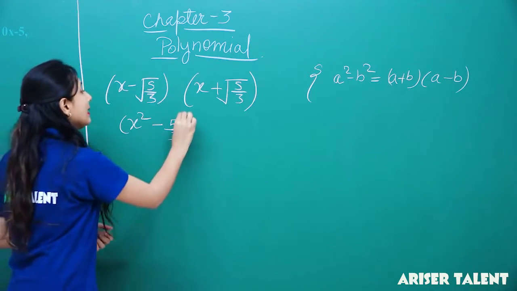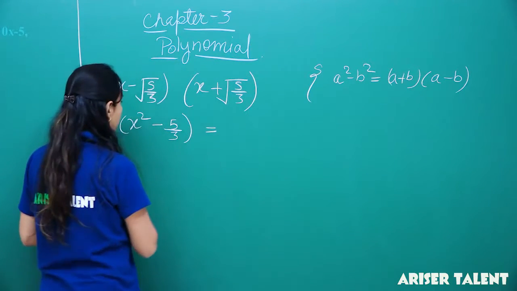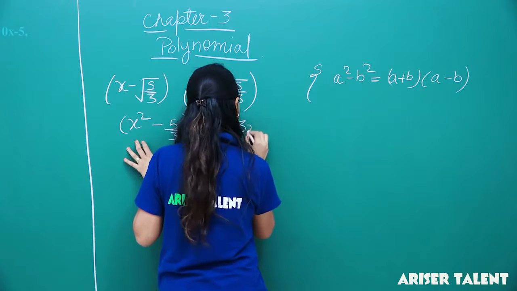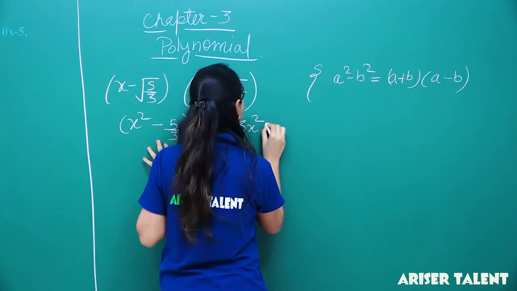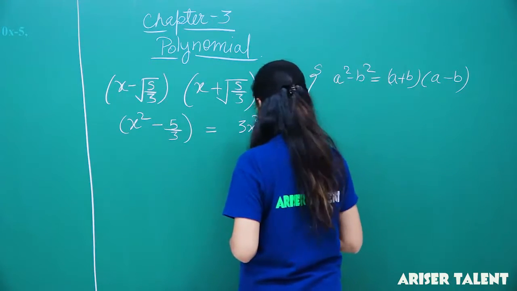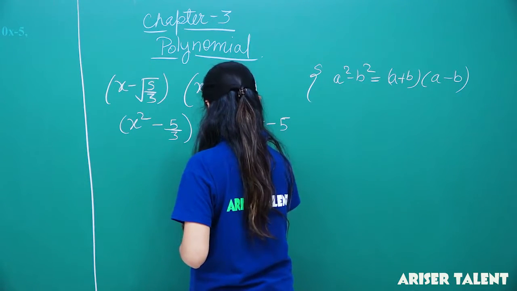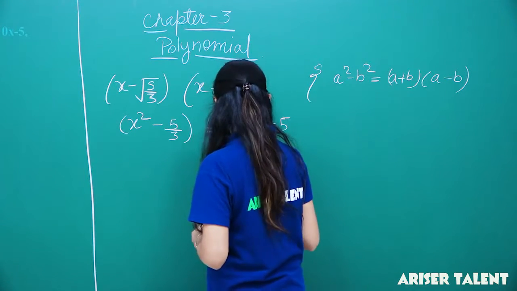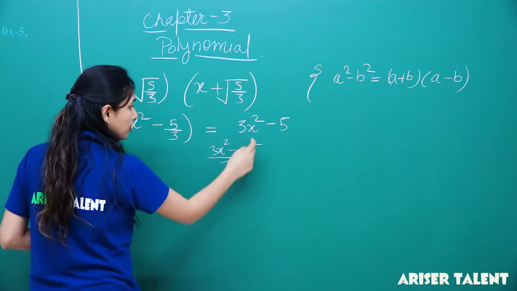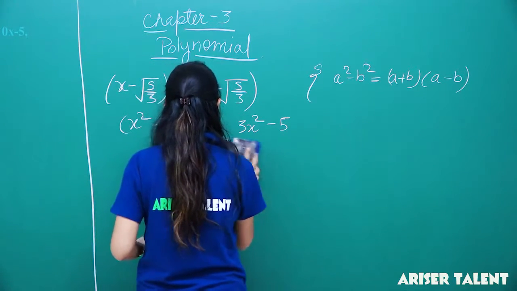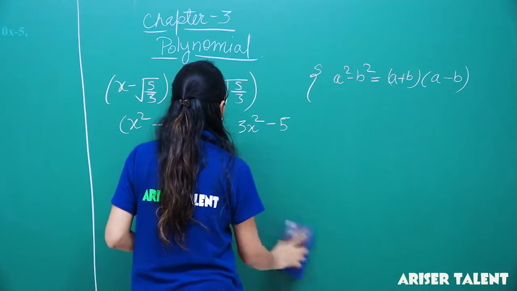Now this can again be written as 3x square minus 5 over 3, which is 3x square minus 15 over 3, so that will be 3x square minus 5.